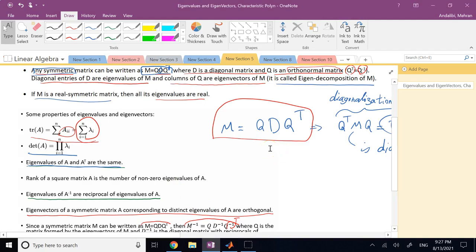Finally, it says the rank of a square matrix is the number of non-zero eigenvalues of A. So if your matrix A is n by n and it has, let's say, m eigenvalues that are not equal to 0, that's the same as the rank of A, right?